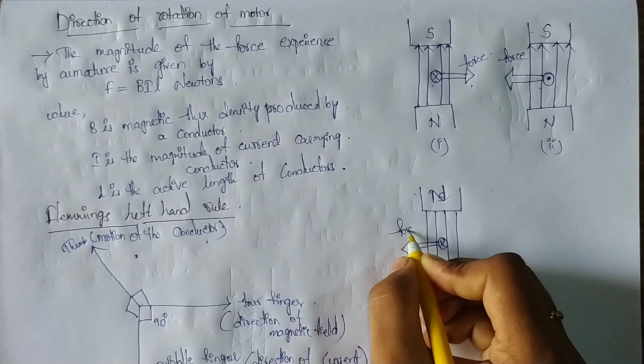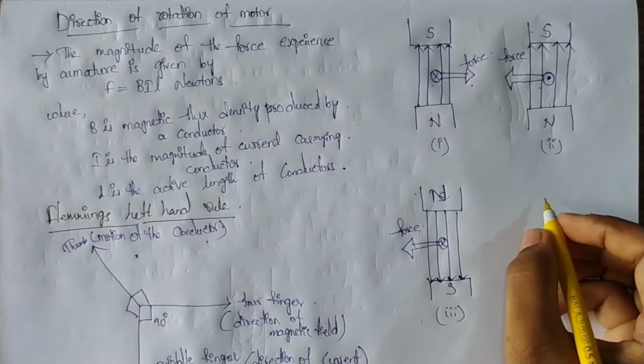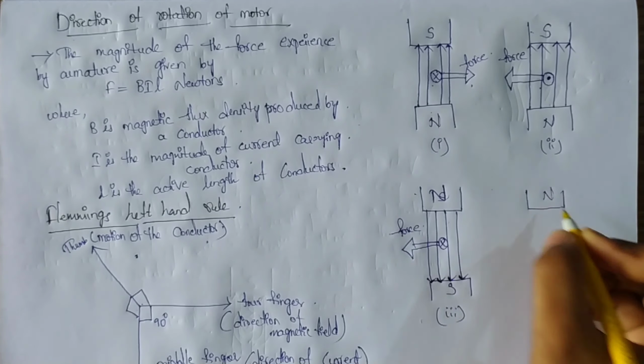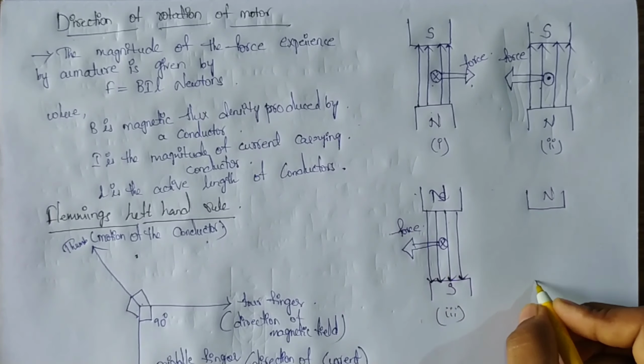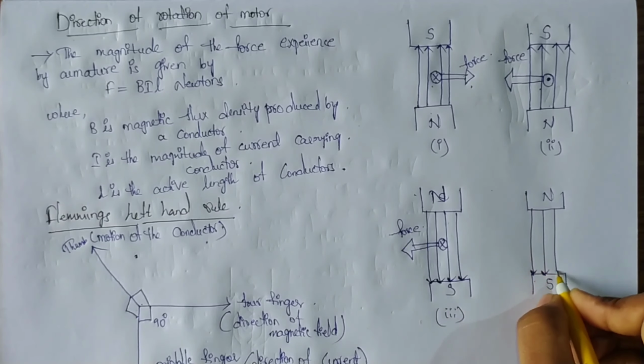This is case 3. In another case, this is the north pole and here is the south pole. The flux lines go from north to south.